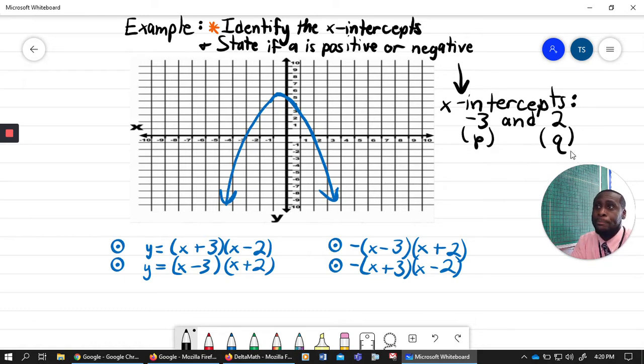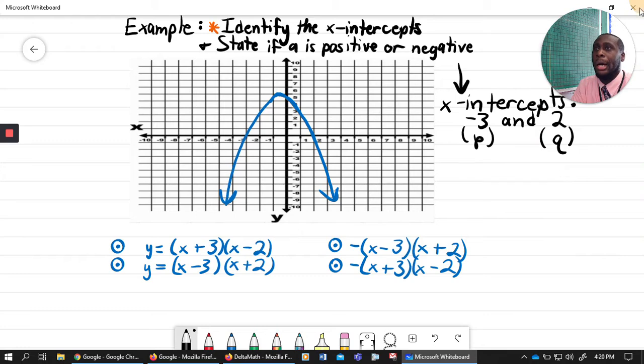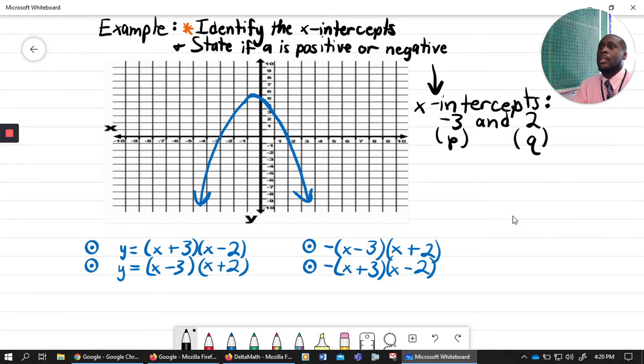All right, so that is your x-intercepts. You should be able to tell whether A is a positive or negative number based solely on whether there's a maximum or a minimum. A relative maximum is where the highest point is compared to all of the other points around it.